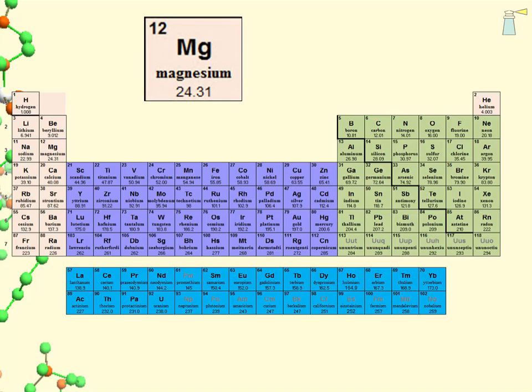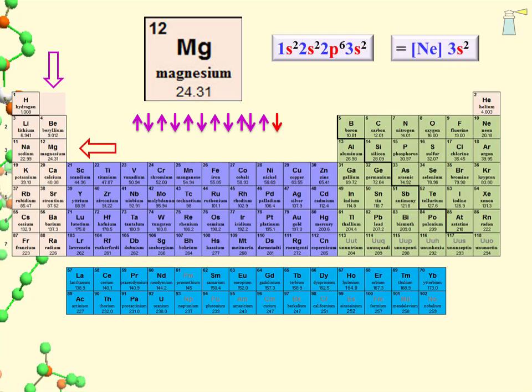Magnesium. We locate the element on the table. Its atomic number is 12. It has 12 electrons. It is in the 3s orbital block, so the electronic configuration is going to end with 3s. All right. Starting at the lowest energy orbital, from the perspective of the table, top left, 2 electrons go in the 1s orbital.